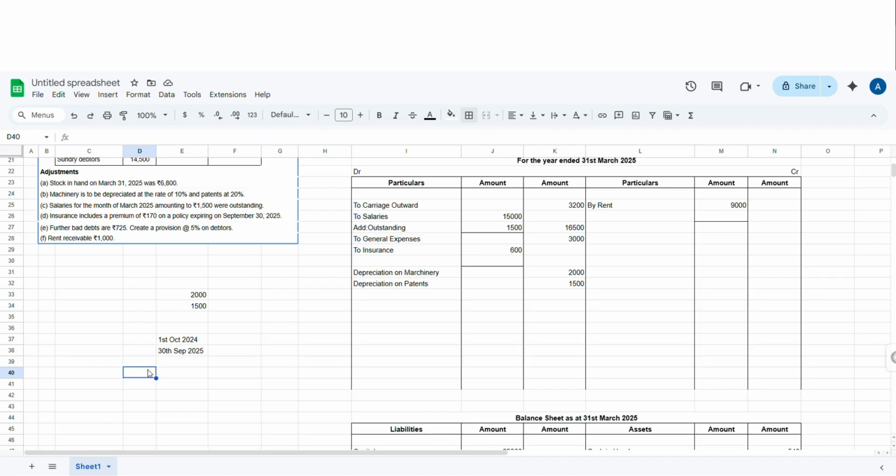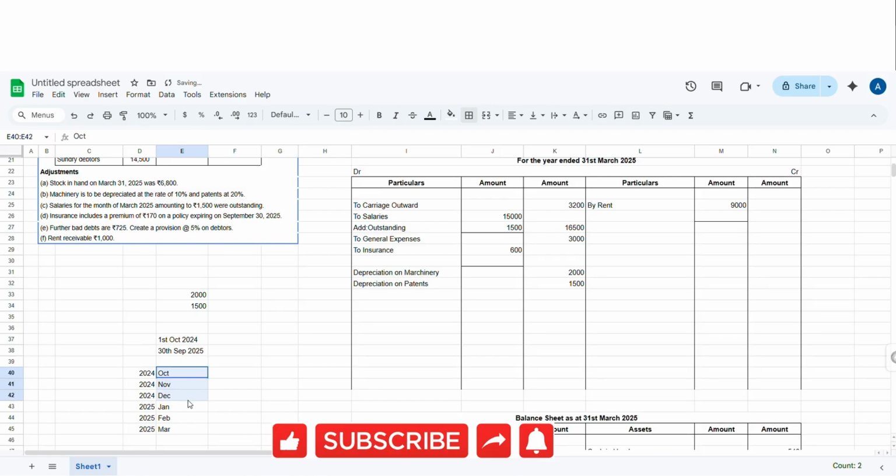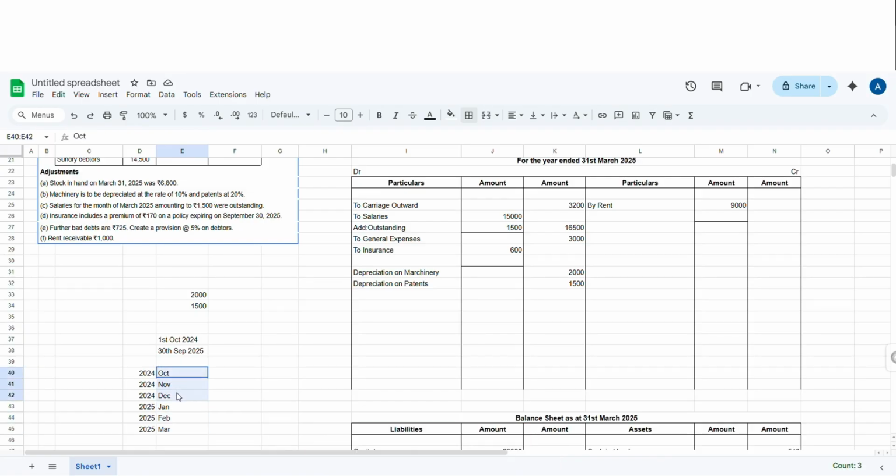So we have used the insurance for October, November, December 2024, and January, February and March 2025. That is, 3 months in 2024 and 3 months in 2025, a total of 6 months.